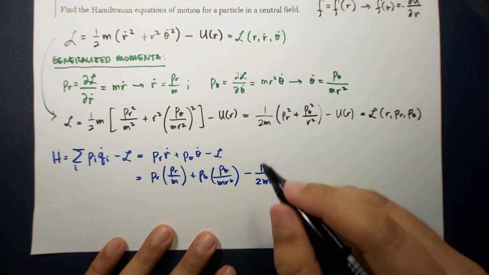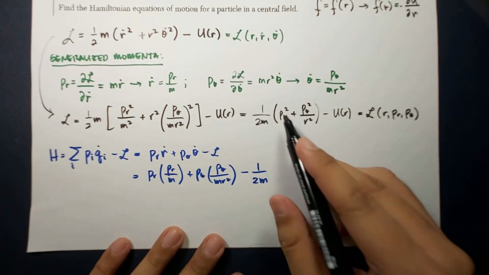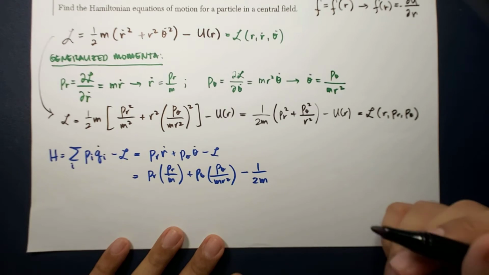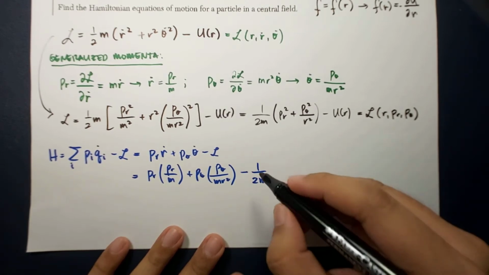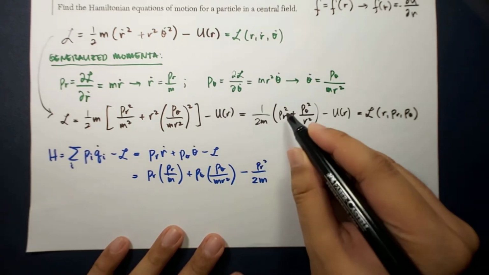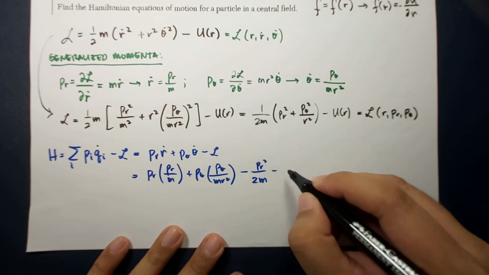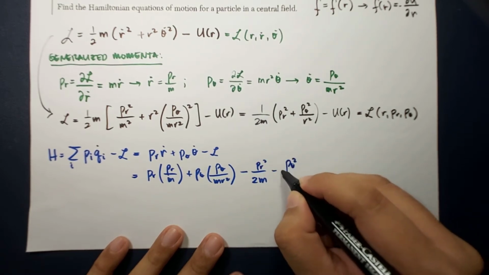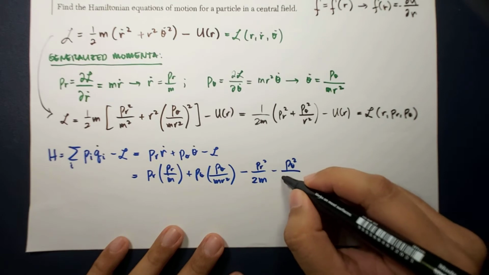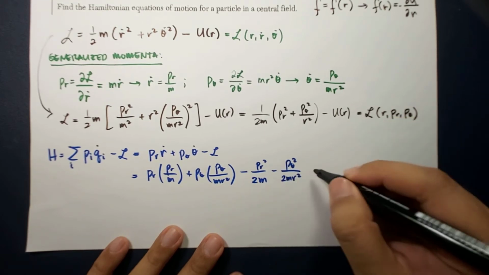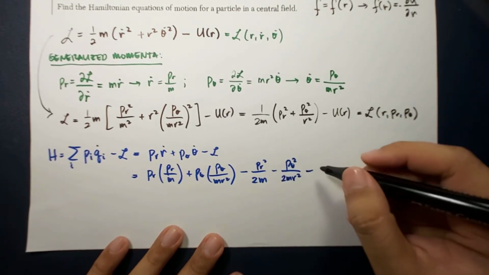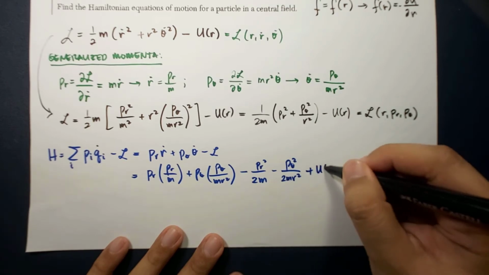So let's distribute here for easier algebraic manipulation, so this is p r squared over 2m minus p theta squared over 2m r squared, minus a plus U of r.